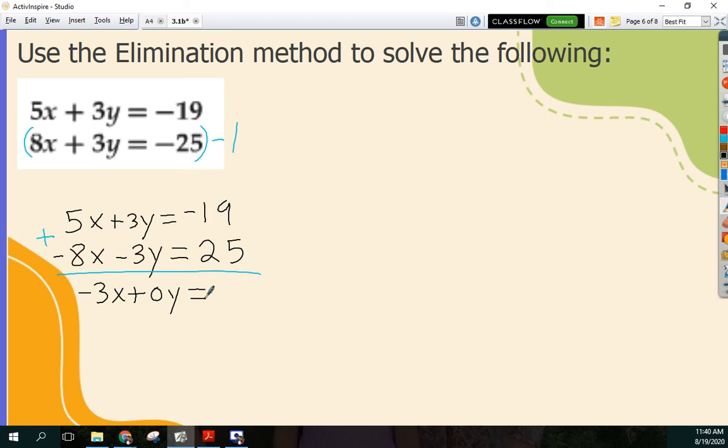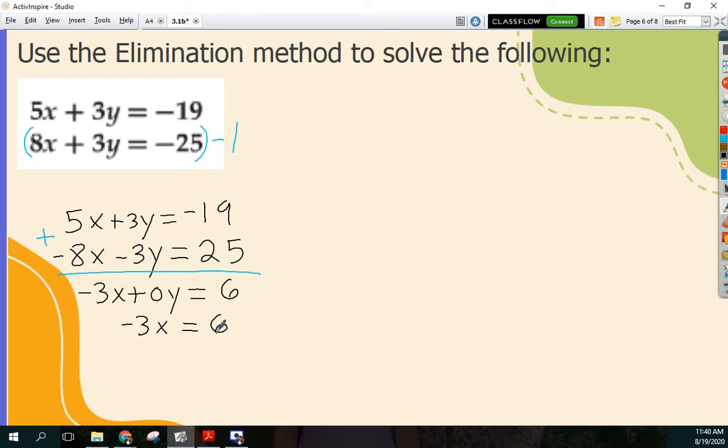Or in other words, our y has been eliminated, which is the reasoning behind why it's called that. And then I have negative 19 plus 25, which is going to give me a positive 6. So then rewriting that equation, I have negative 3x equals 6.